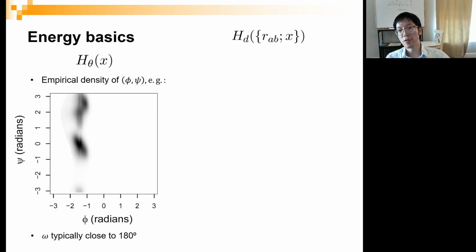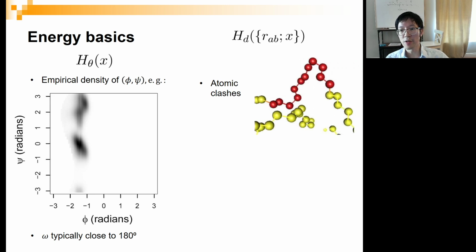Okay, now what about the distance part? How do we know whether atoms are at an energetically favorable spatial distance apart from each other? Okay, so for example, the energy function would help us calculate the effect of atomic clashes. Suppose we are focusing on exploring conformations of the red segments, a stylized depiction in those red balls.